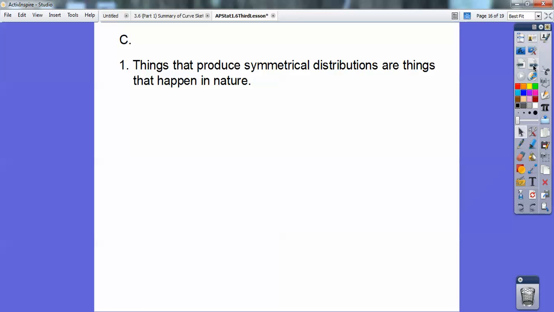All right, so things that produce symmetrical distributions are things that happen in nature. For example, the height of 16-year-old boys at the high school that I teach at, Del Campo High School. If we had a graph with the shorter kids over here and the taller kids over here, we'd have very few kids that are 6 feet 6 and above, and very few kids that are 5 feet and under, and a bunch of kids in the middle.